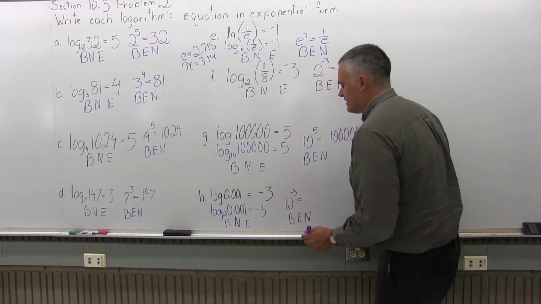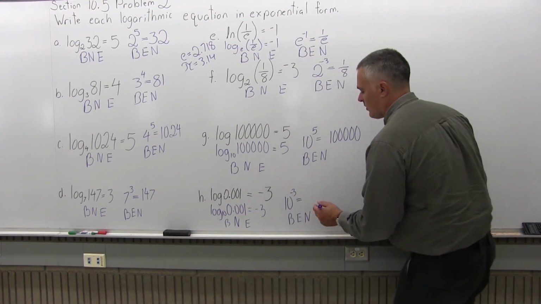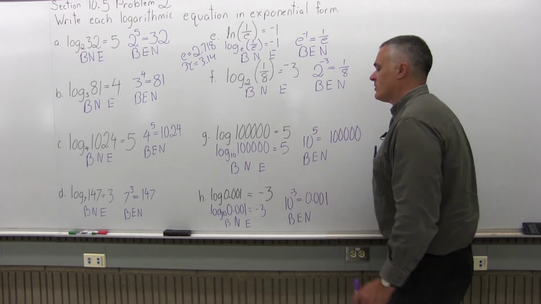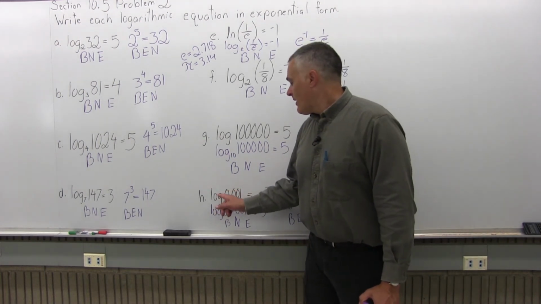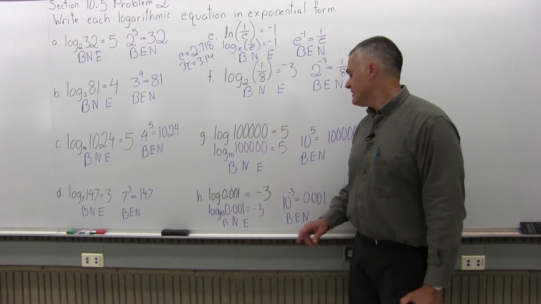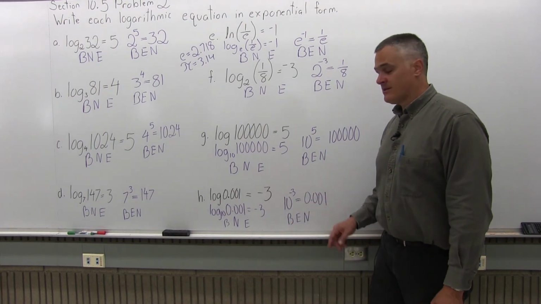Then we put equals, and then the number. The number is 0.001. So when we're done, writing log of 0.001 equals -3 is the same as saying 10 to the -3rd power equals 0.001.